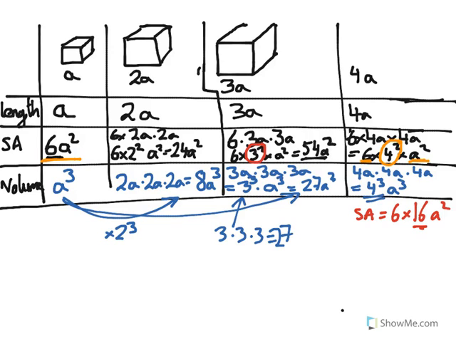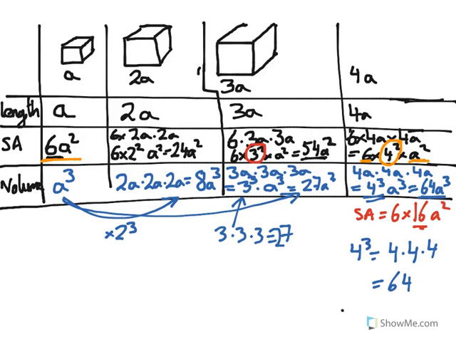What is 4 cubed? 4 cubed is the same as 4 times 4 times 4. 4 times 4 is 16. 16 doubled is 32. 32 doubled is 64. So when we increase by a factor 4, the volume is going to be 64 times larger.